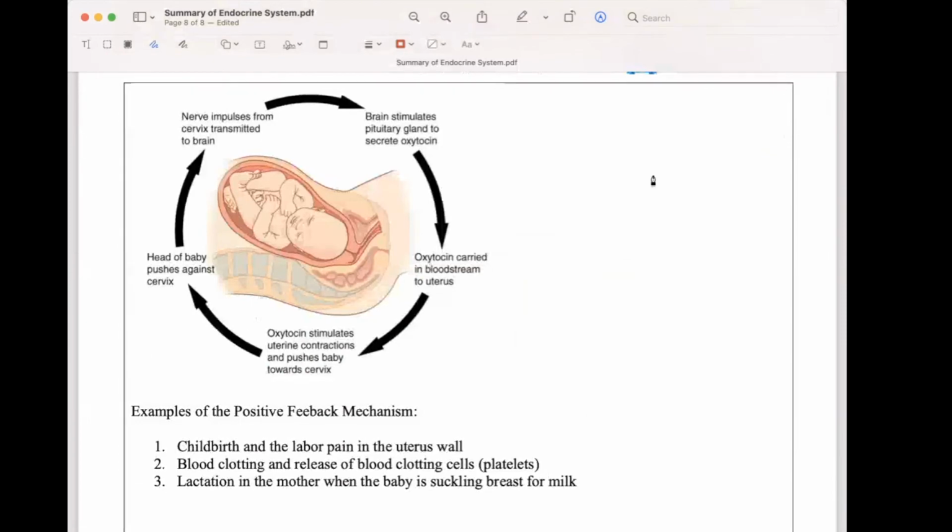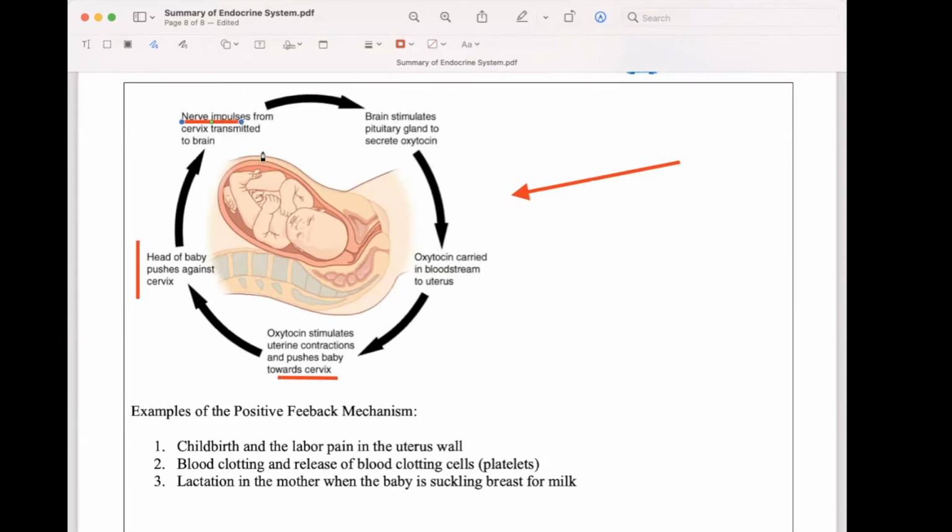Examples, you can go through this diagram. Here the first step is that oxytocin stimulates the uterine contractions and pushes the baby towards the cervix, from where the baby has to come out. So the head of the baby comes near to the cervix.